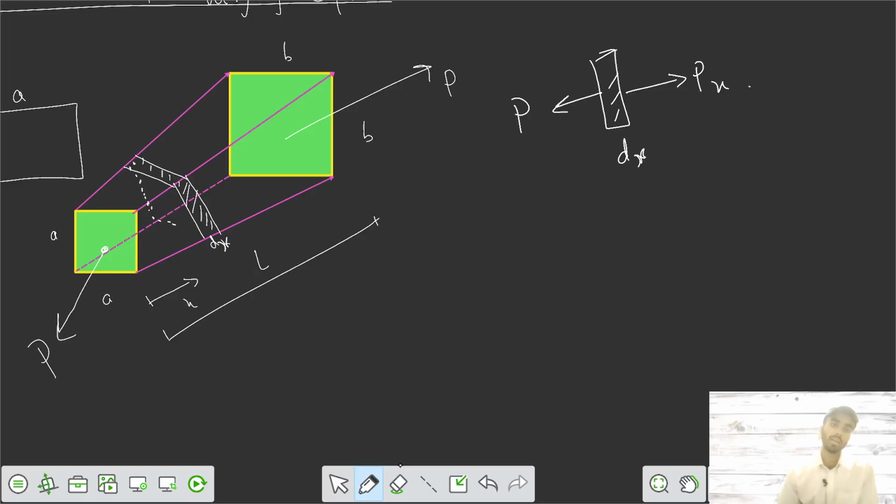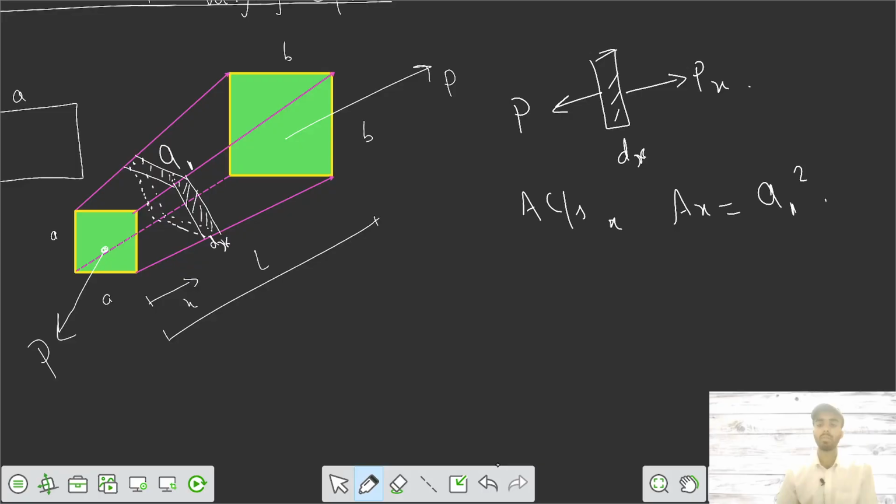We need to get the dimension here, let's take A1. So your cross-sectional area at X becomes A1 square.